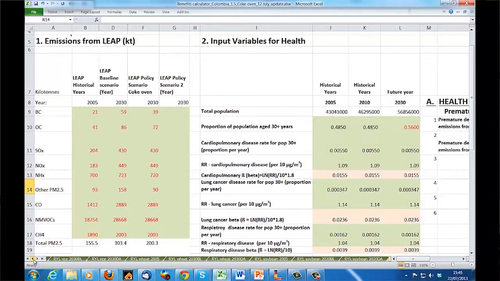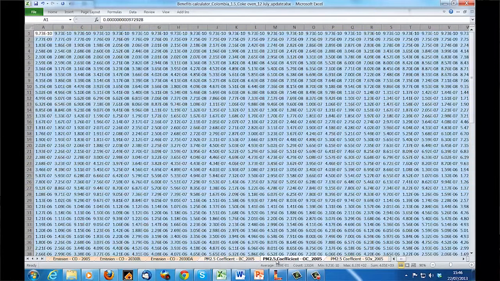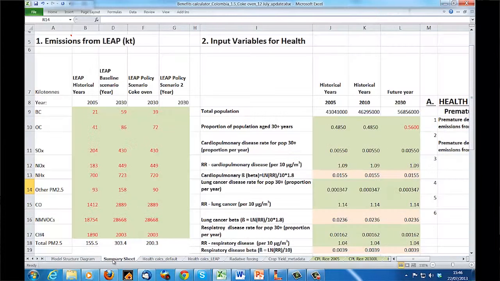So in order to do that we have another part of the spreadsheet where we have other variables that are required, such as the population of the country concerned and the likely population in the target scenario year, 2030 in this case. And then the health calculations are based on those who are aged over 30, so we need to know the proportion of the population that is aged over 30.